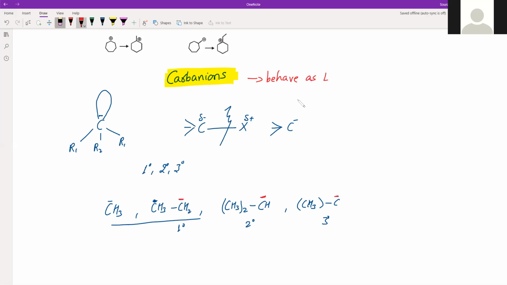If I have to keep it into one of these categories, then shall I keep it in Lewis base category or Lewis acid category? Base. Lewis base. Electron donors are base, Lewis base. Okay, so that's why they behave as Lewis base due to negative charge.